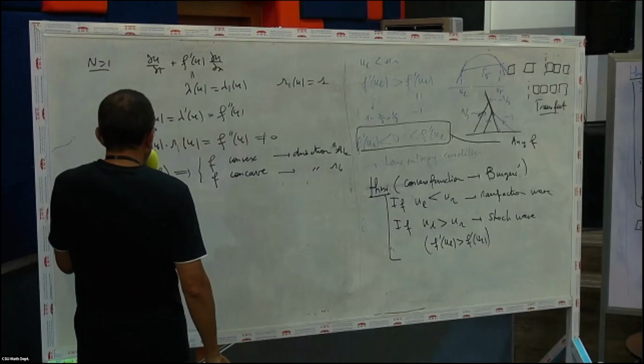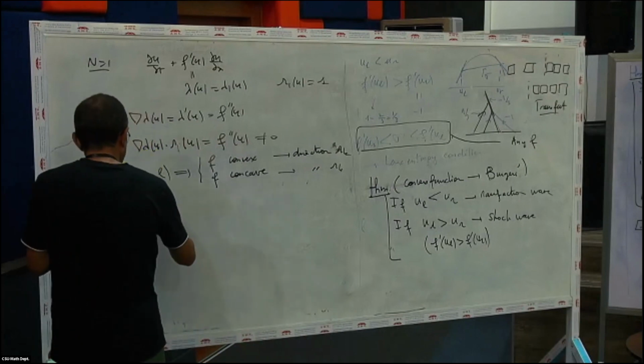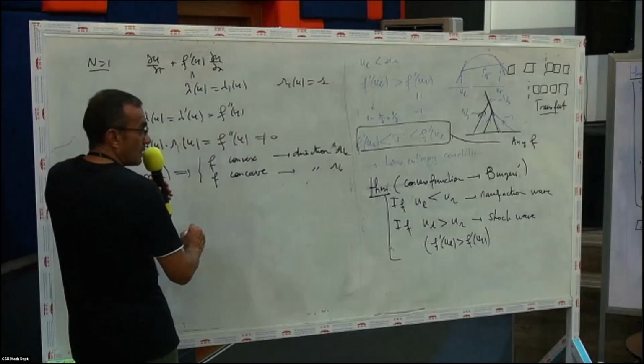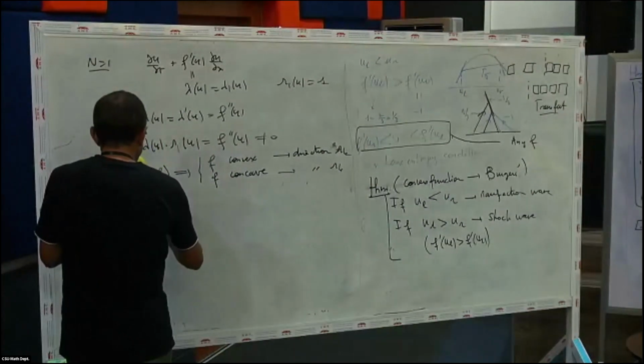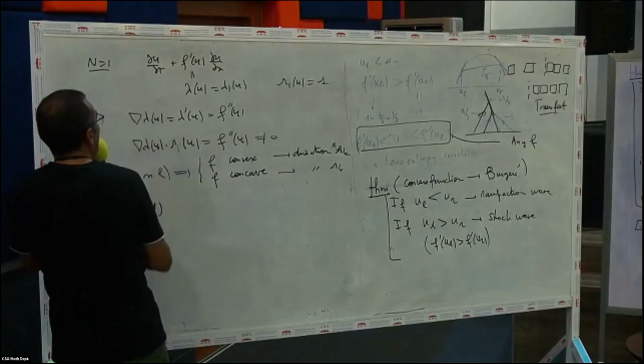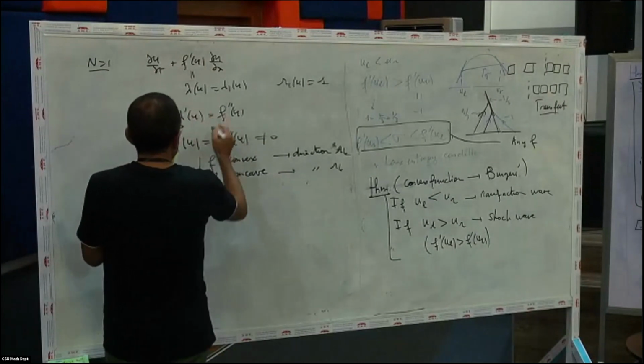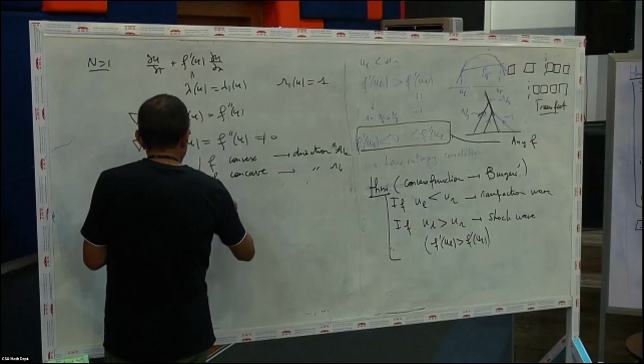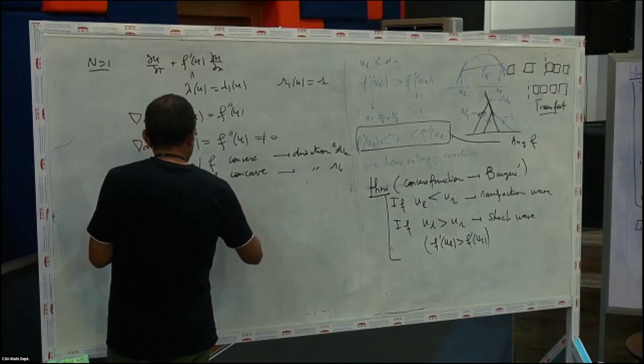And what is linear degenerate? This is LD, okay, in dimension 1. So it means that the gradient of lambda of u, sorry, scalar R is 0.